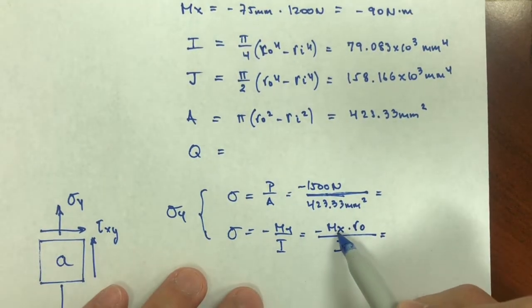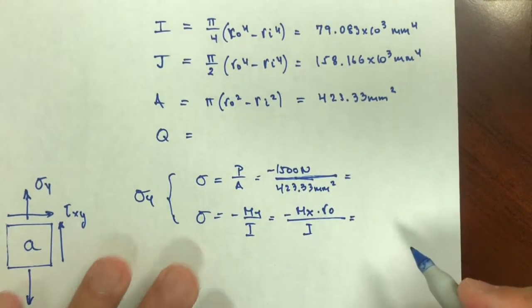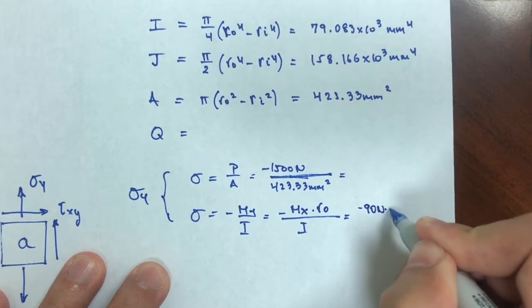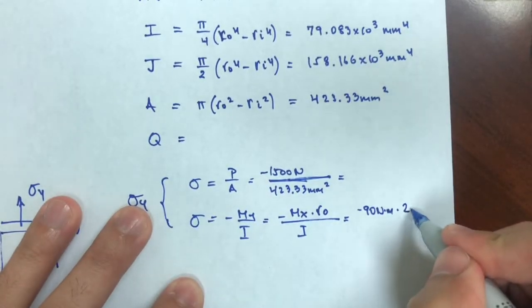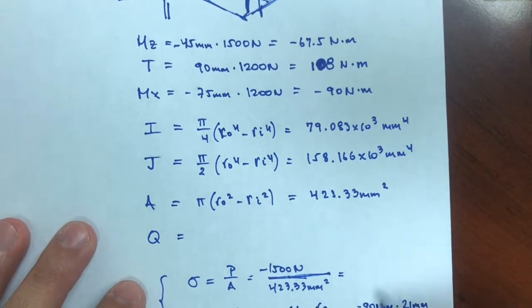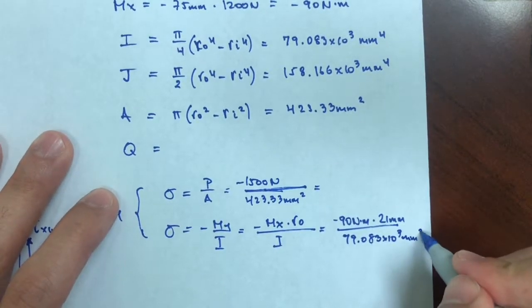Okay. So notice that MX is already a negative value. So let's replace these values. So MX is going to be minus 90 Newton meter. The outer radius is 21 millimeters over my I, which is 79.083 times 10 to the 3 millimeters to the fourth.